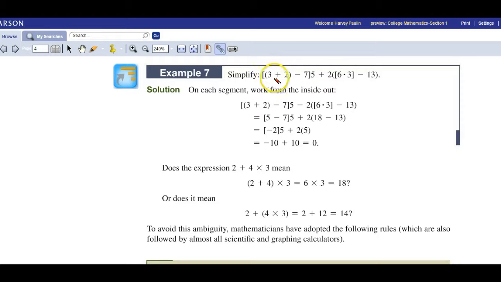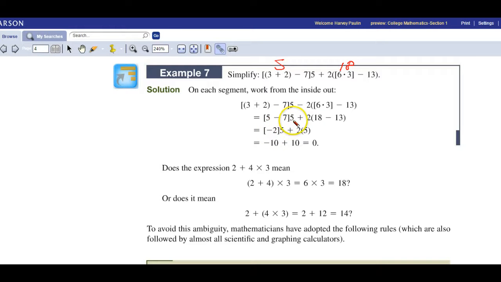So right here within this parenthesis, this is going to be a 5. And we're going to do this multiplication. This is going to be an 18. And we can see it right here. They have a 5. And then now we have 5 minus 7, which will give us a 2.